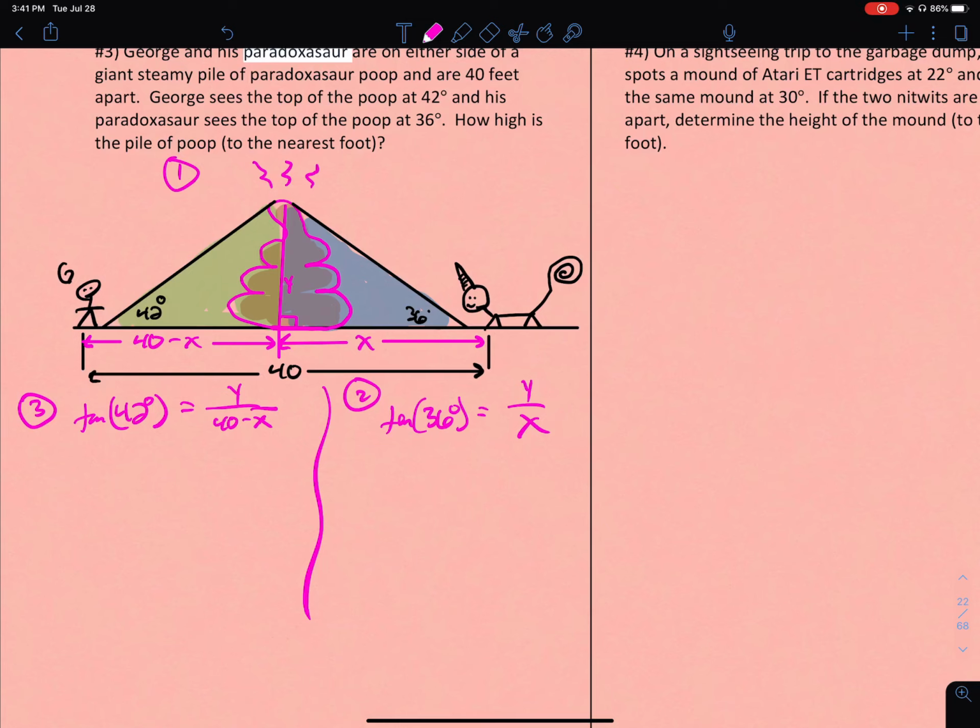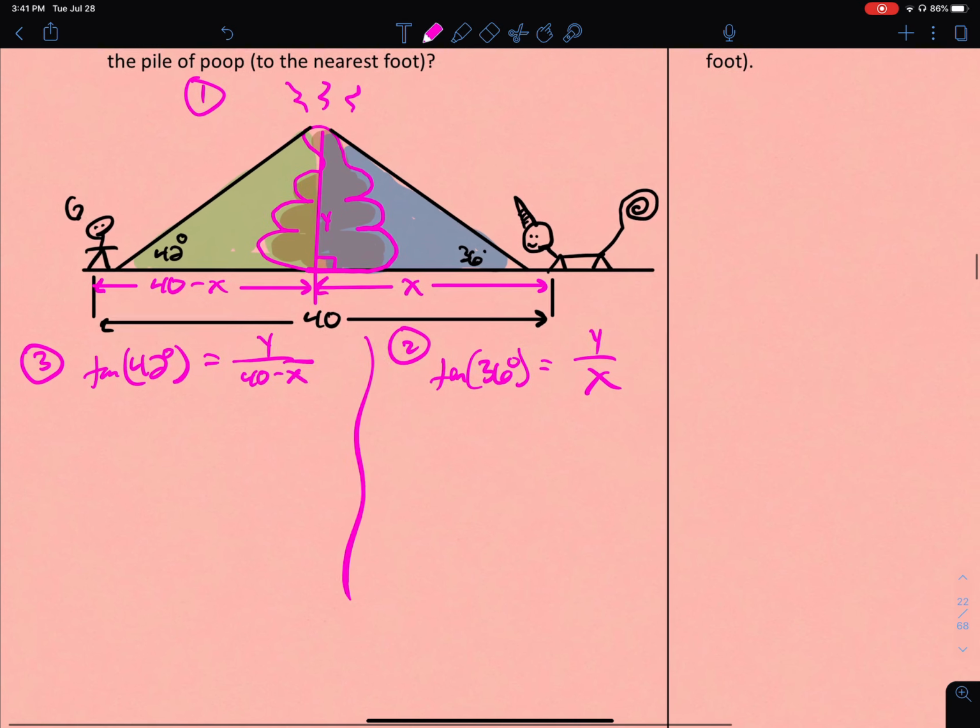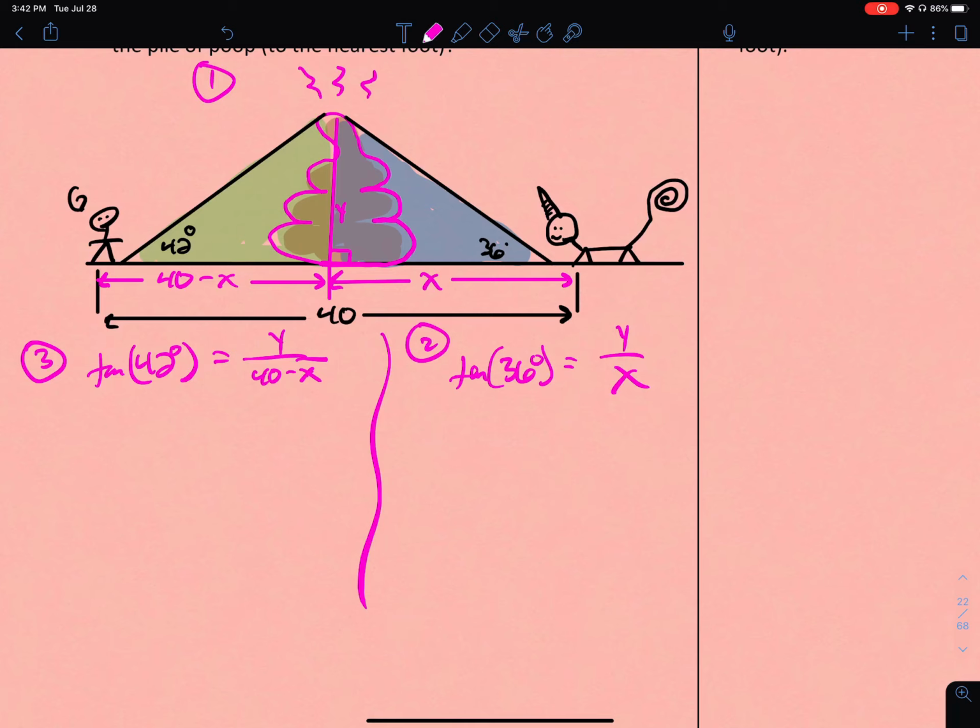What shall we do? Well, we can use a system of equations. A system of equations just means that for every variable you have an equation. We have two variables, we have two equations. This should be something that we can do. We did this in algebra, and hopefully once you see this, you'll be reminded of how you did it in algebra. We're going to solve by substitution. I'm going to take the easier equation, which is this one here. It's more simplified. And I'm going to get y by itself. Then I'm going to substitute into this equation.